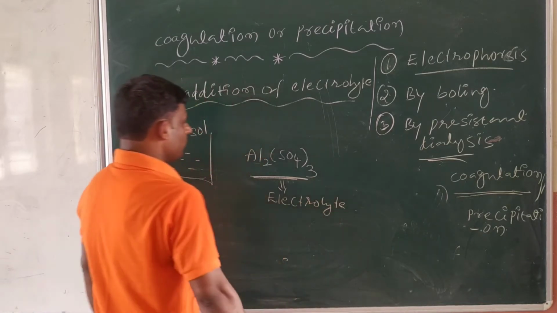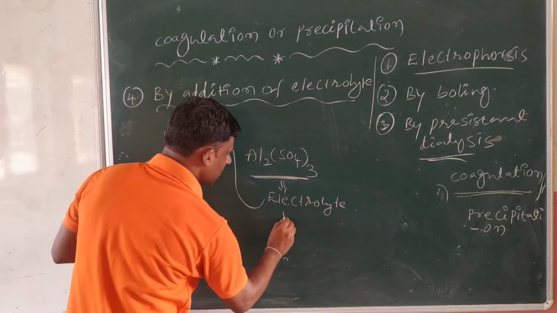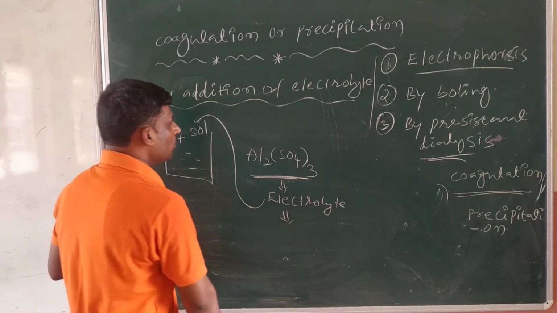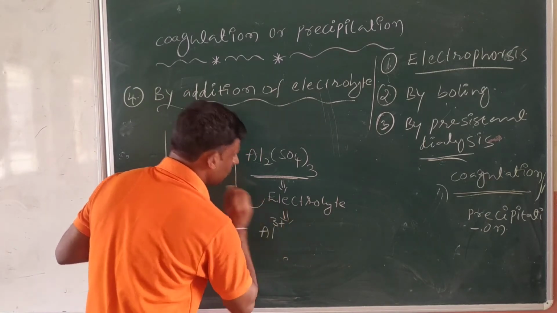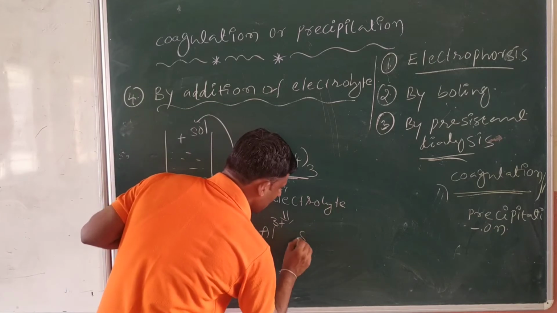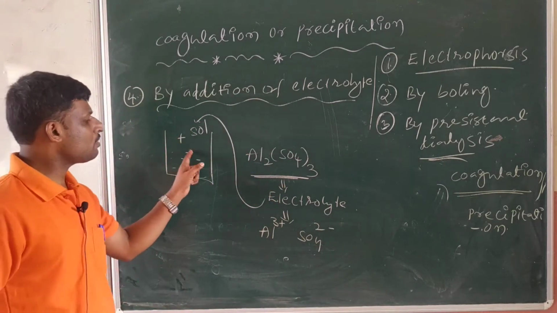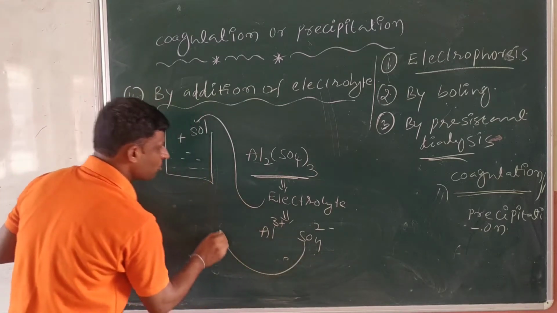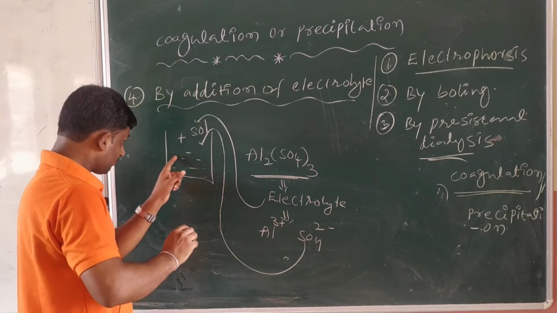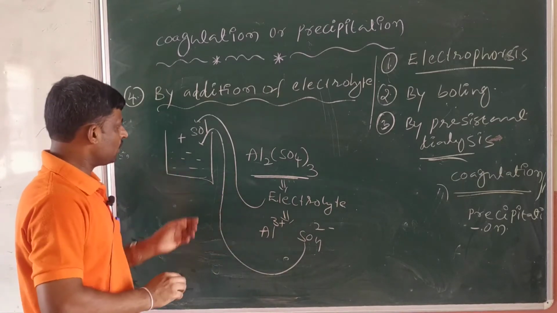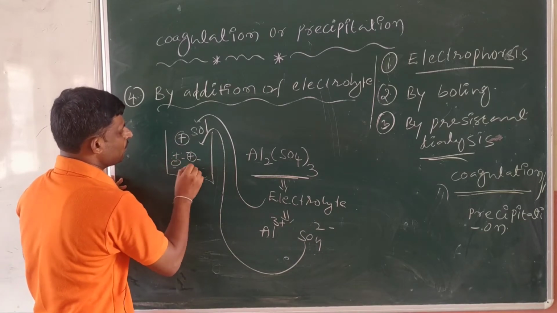When I add this electrolyte to this sol, aluminum sulfate dissociates into Al3+ as well as SO4 2- ions. This is a positive sol. Now these SO4 2- ions interact with the positive particles, and they become neutralized.